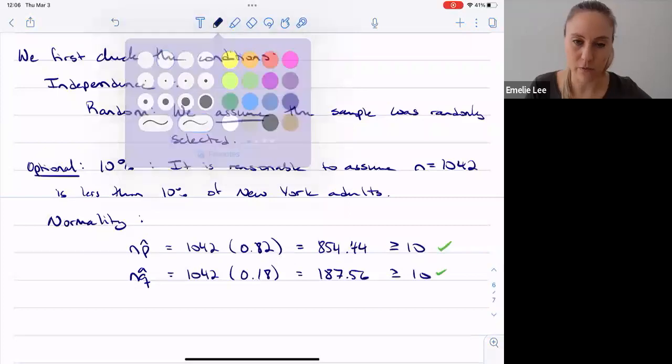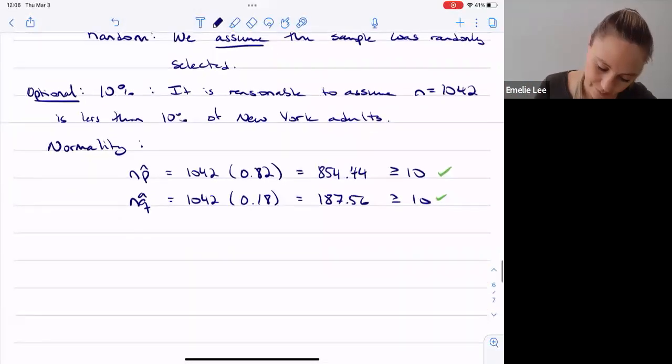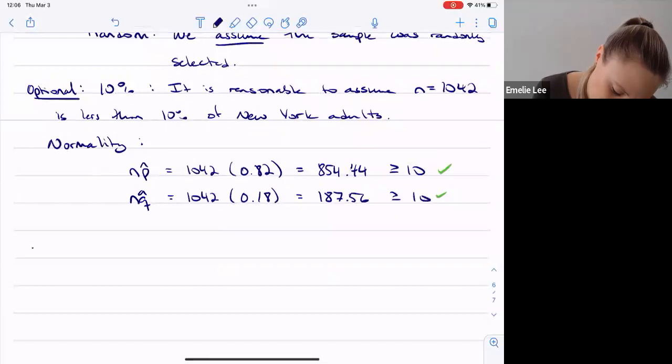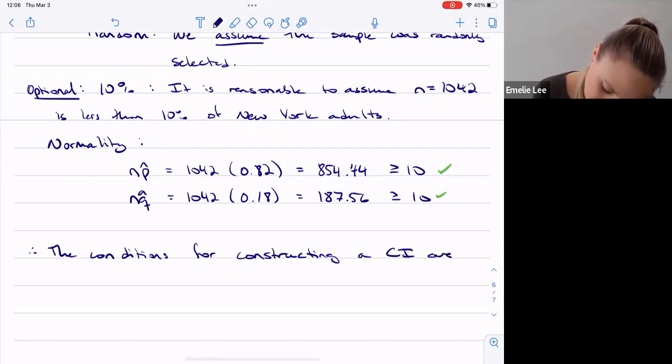So now that we've checked these conditions, they're always going to check out, but we do have to check them every time. So therefore, the conditions for constructing a confidence interval are satisfied.